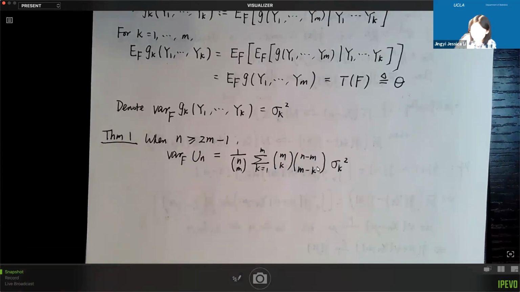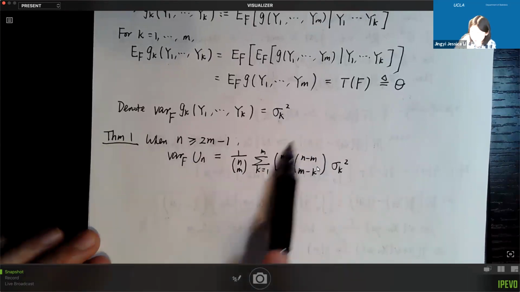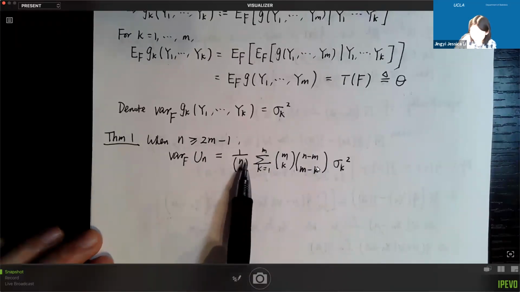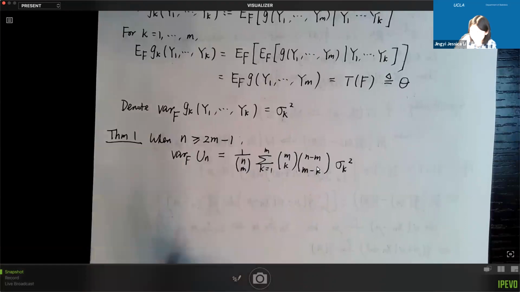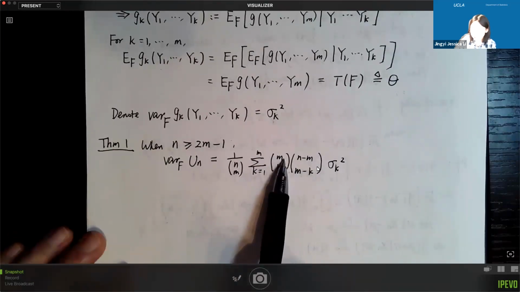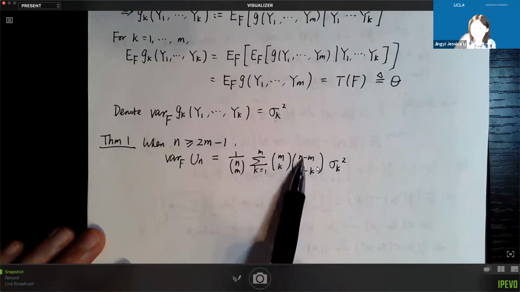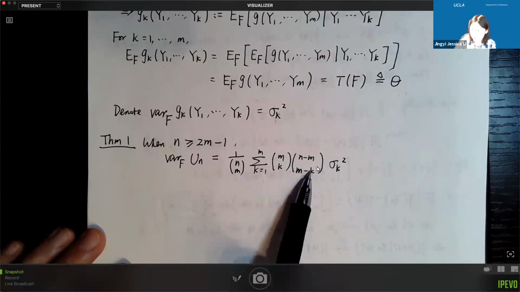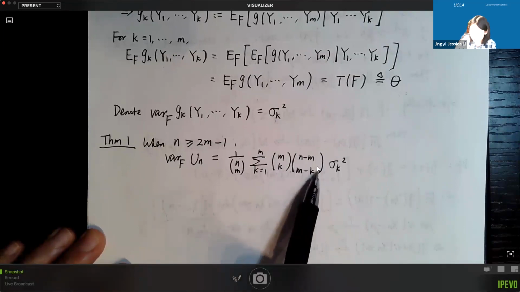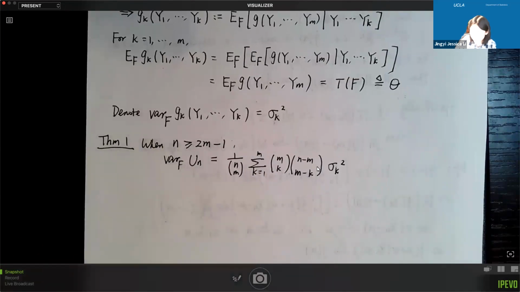So this is a more restricted sampling. We first divide the n into two parts: one part has m random variables, the other part has n minus m random variables. From each part, I randomly sample k and m minus k random variables to make up m random variables. That's how we do it.